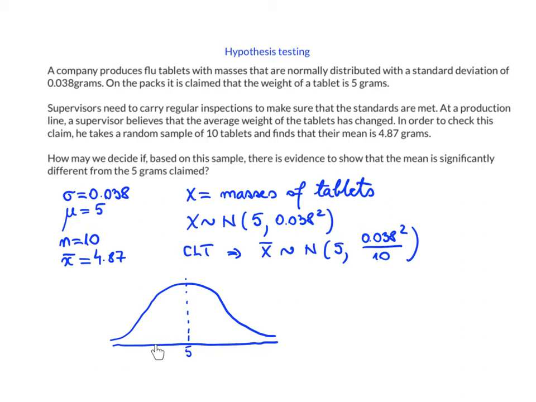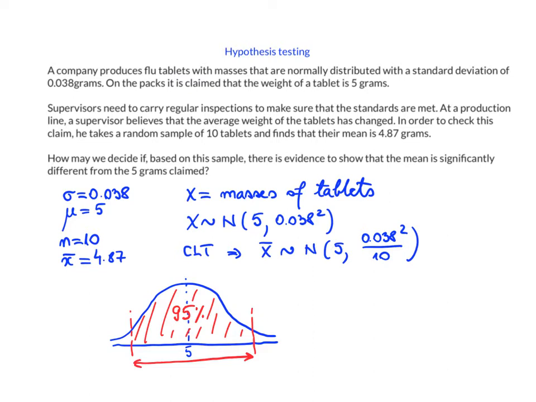So what I'm going to do is consider that that's a really odd sample if it lies outside the 95% confidence interval. So I'm going to decide, and this is my decision, that if my 4.87 is within this 95% of all the samples, then it's a good sample and I will accept the claim that it's 5 grams as a mean.